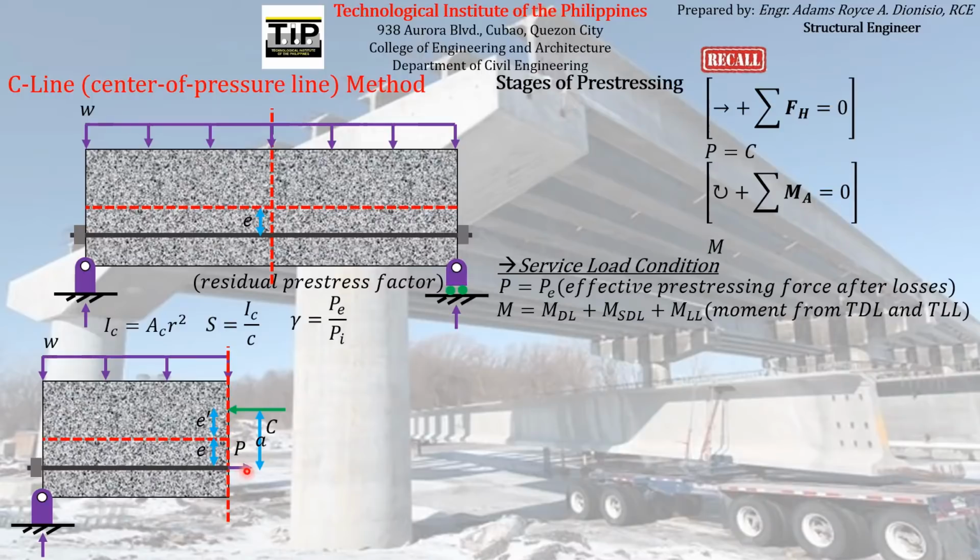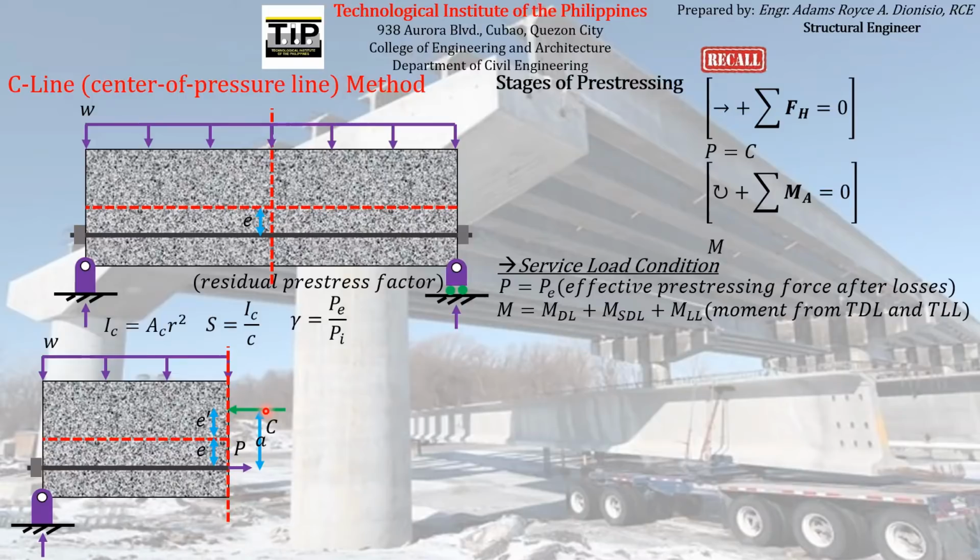And then, since we have known that P is equal to C, the pre-stressing force is equal to the total compressive force here. Therefore, they produce what we call a couple.